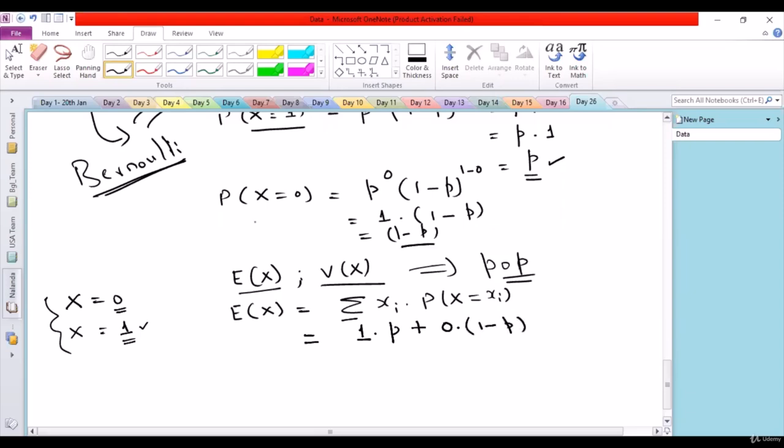Because when xi equals 0, the probability is 1 minus P. So this becomes P plus 0, nothing but P, meaning the expected value of x is equal to P. That means when my data x follows the Bernoulli distribution, the expected value of x is nothing but the probability of the success of the event.